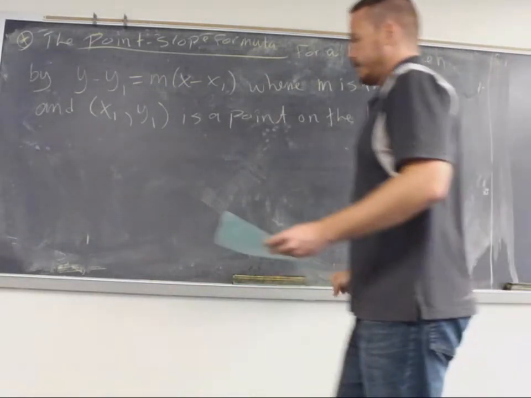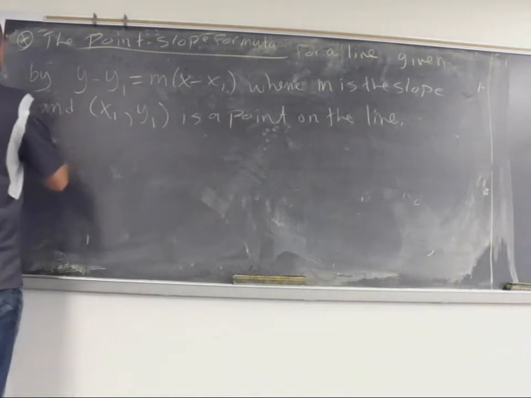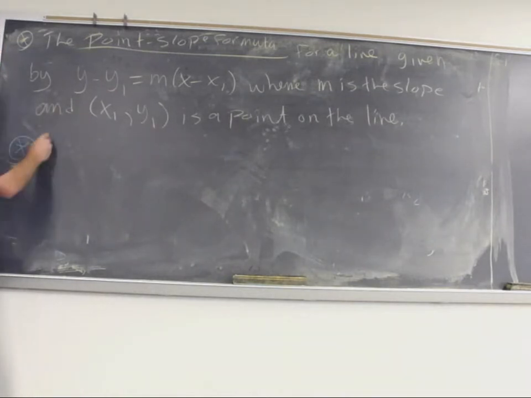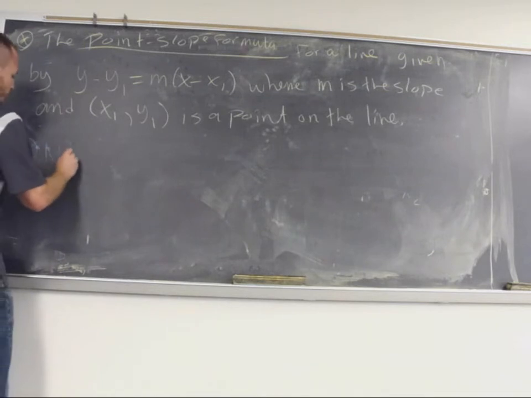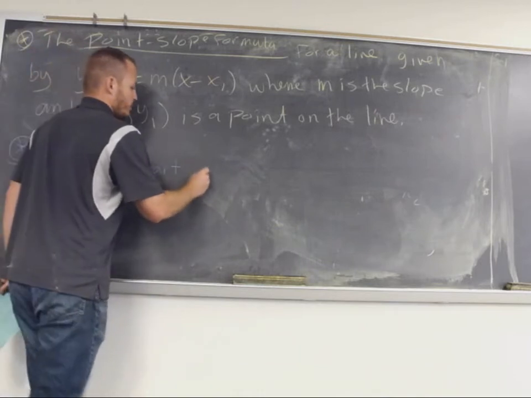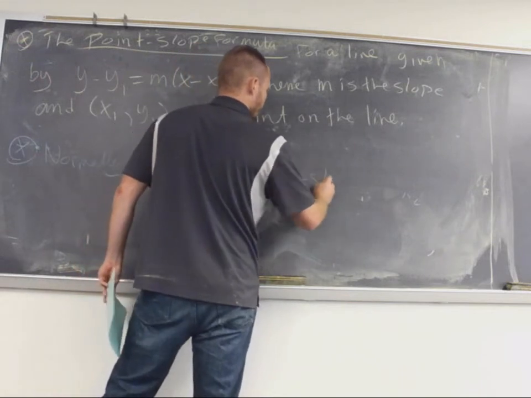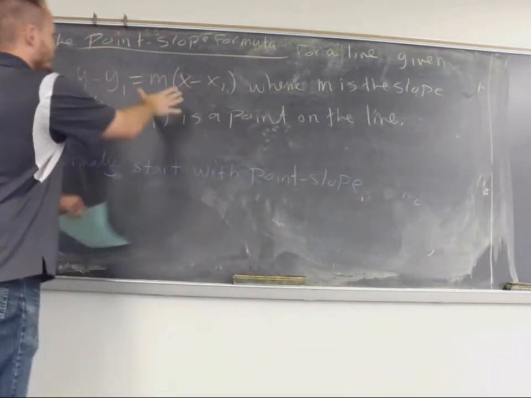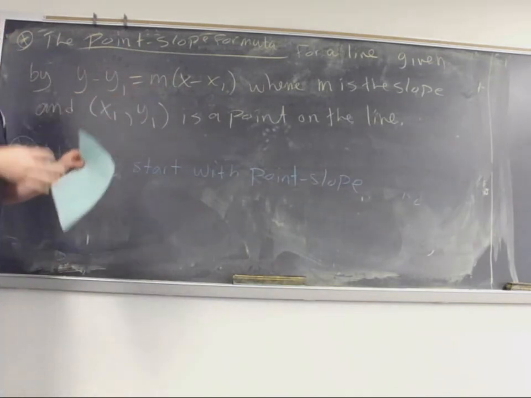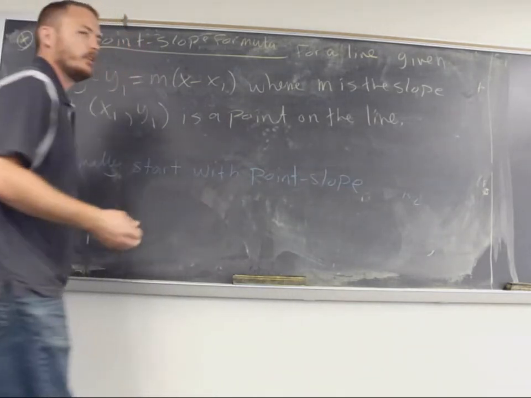When you're working with these problems, you normally want to start in the point slope formula. So we'll just put a little star here. Normally start with point slope, then plug in what you know, and then simplify, and you'll always wind up in slope intercept form.